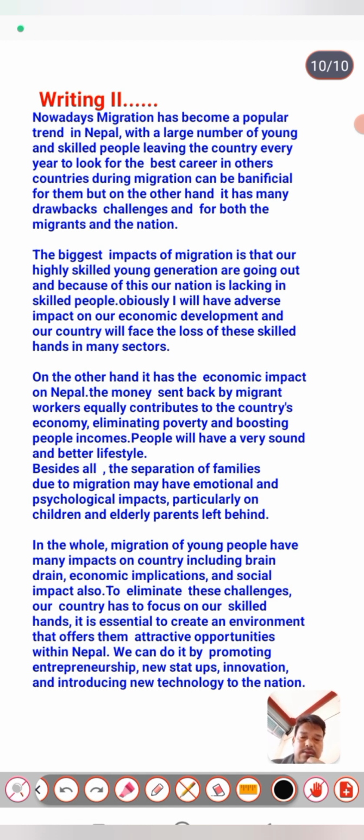So these are all the suggestions and drawbacks we have discussed here. And the government should take a good initiative in order to keep our skilled people within the nation.